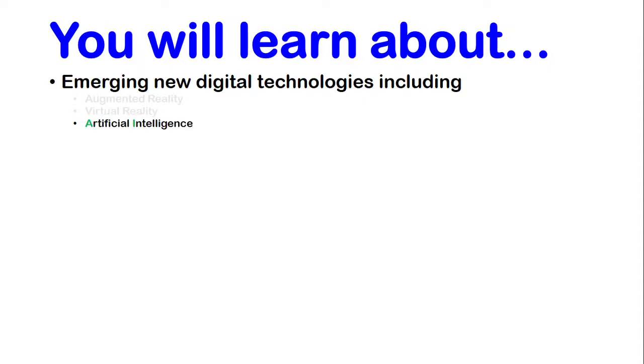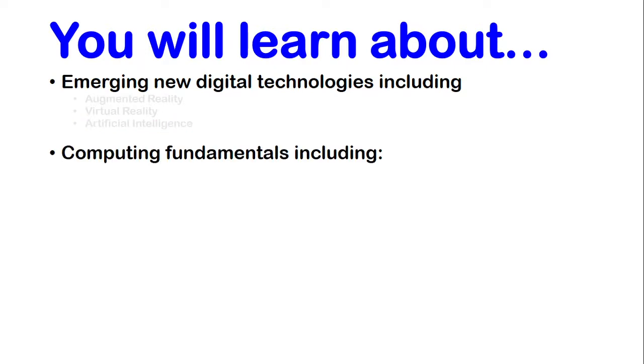Artificial intelligence, so looking at how artificial intelligence is going to change the world over the next few decades, the advance of robots, artificial intelligence in machines that we use on a daily basis, and how that's going to change how we interact with machines.